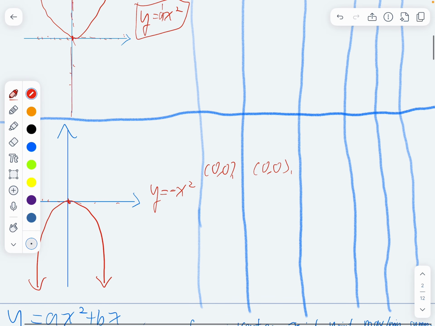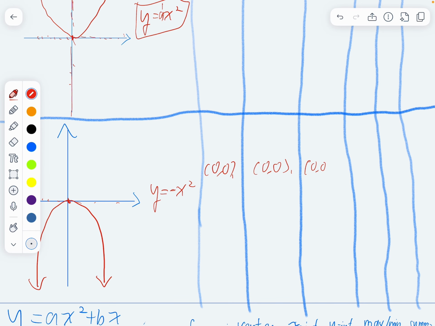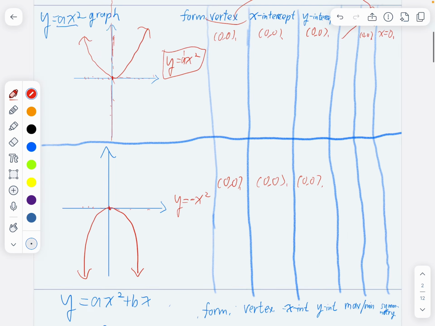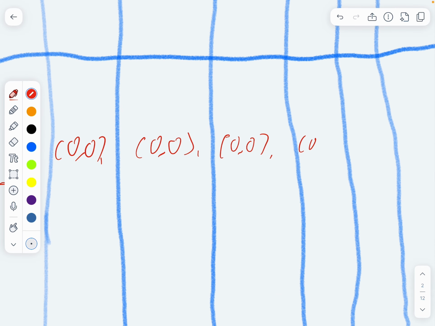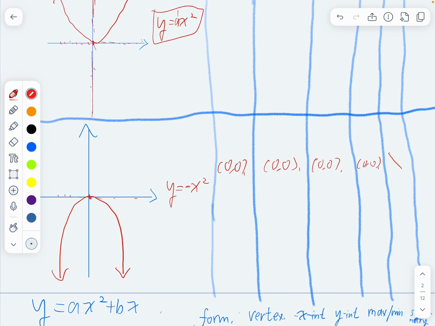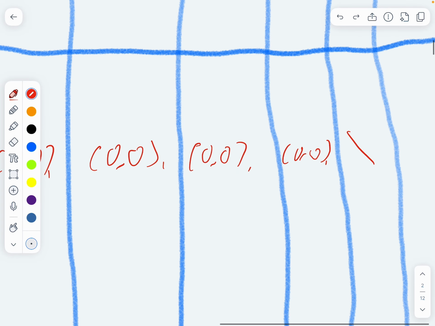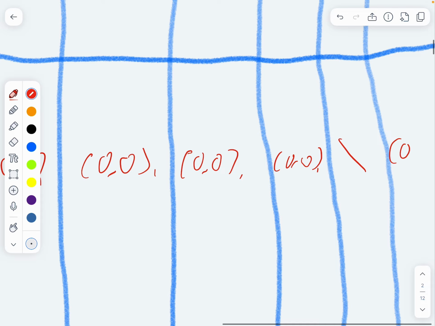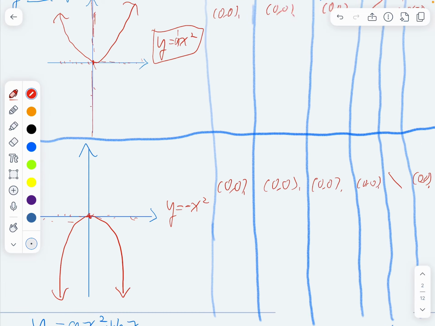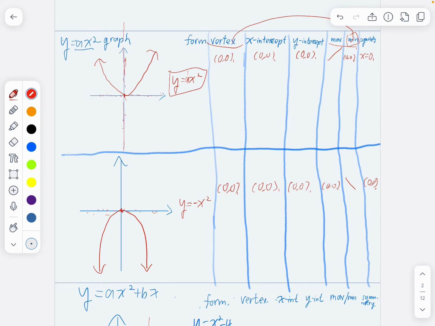Now this graph has a maximum point at (0, 0), but no minimum, because it's the maximum point of the whole graph. The symmetry line goes through the vertex, so it's x = 0.